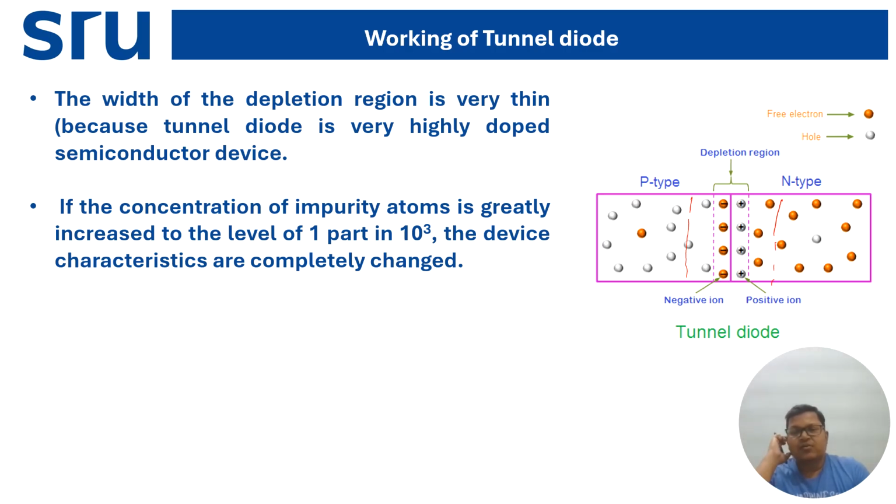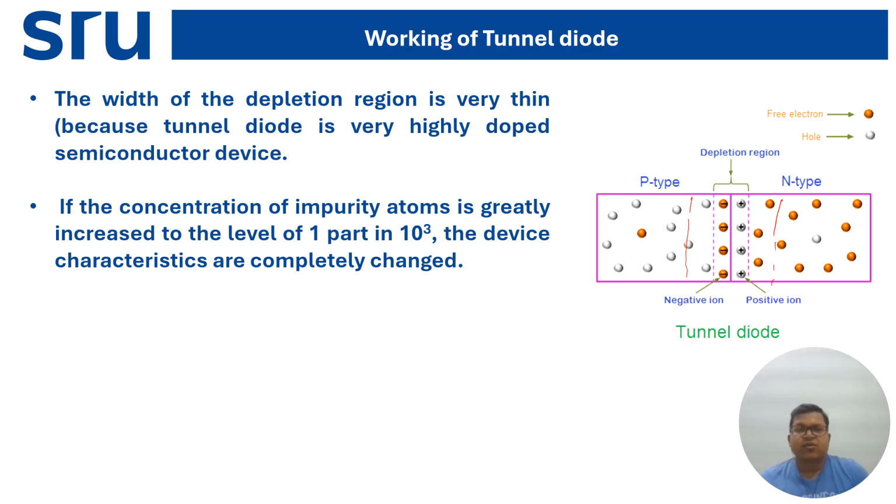Here we can make it asymmetric also, but ideally we will go for symmetric doping on both sides, so that the depletion region shrinks from both sides. When sufficient doping is completed, we will see that it shrinks so much that the quantum mechanical tunneling conditions are satisfied, because for that the barrier width should be very thin, and this high doping makes our barrier very thin.